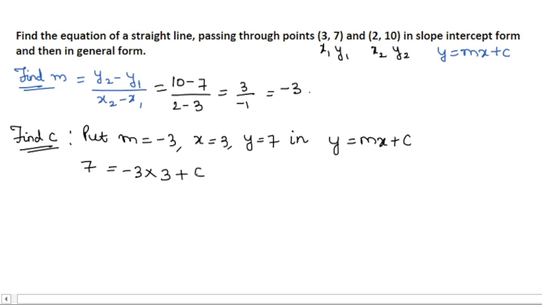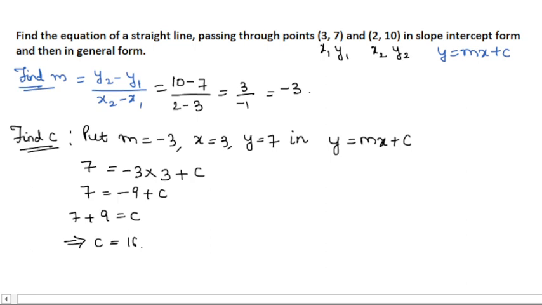C is unknown, so c remains as it is. In the next step, I get 7 is equal to negative 3 times 3 is 9, so negative 9 plus c. To find c, I will transpose 9 to that side. It will become positive 9, so I get 7 plus 9 is equal to c. And my c is 9 plus 7, 16.